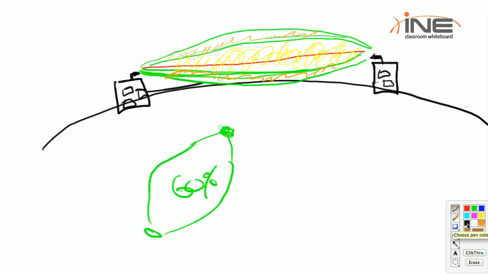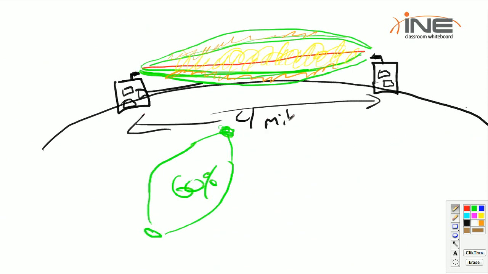So let's say these buildings are 4 miles apart from each other. Someone comes along, and in between those 4 miles, certainly it's not in any way unheard of that someone builds a building.